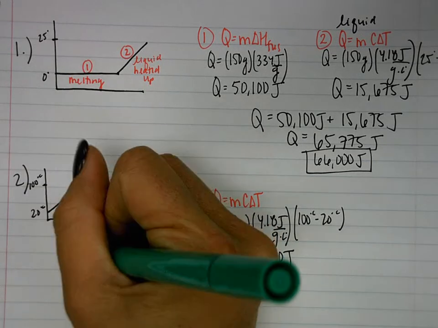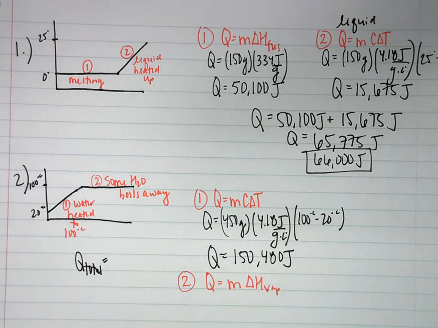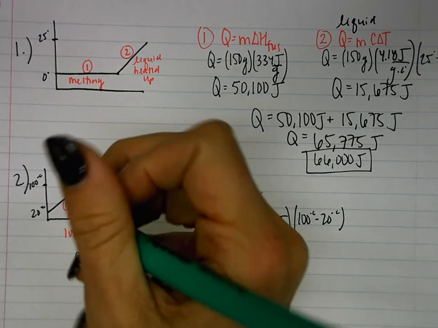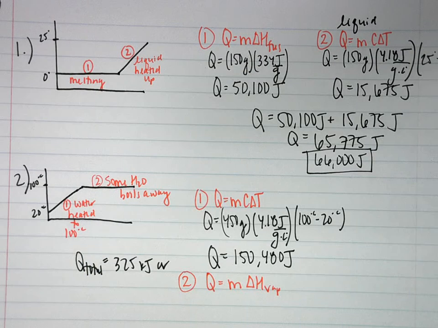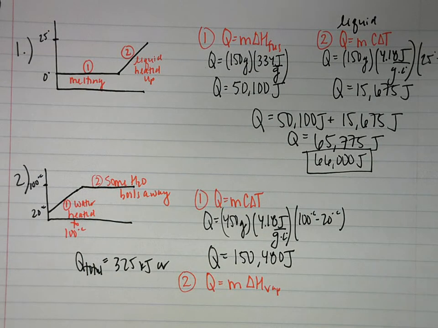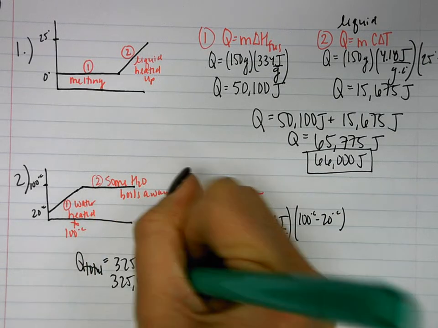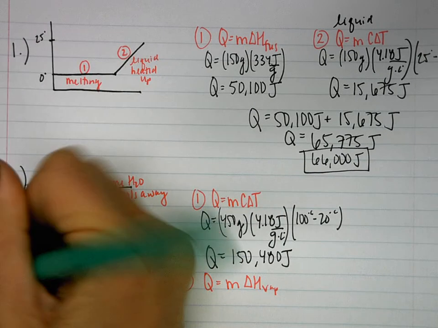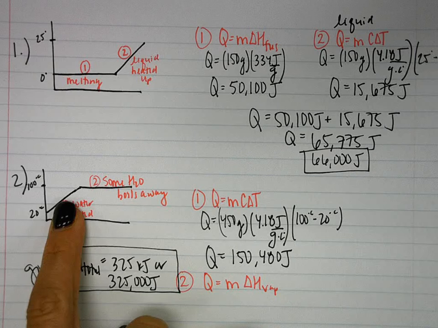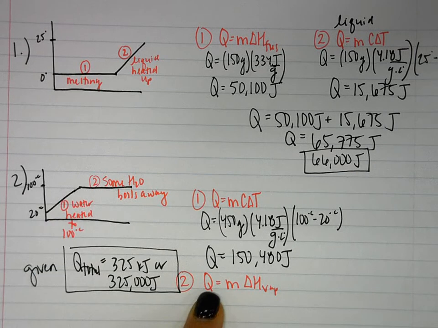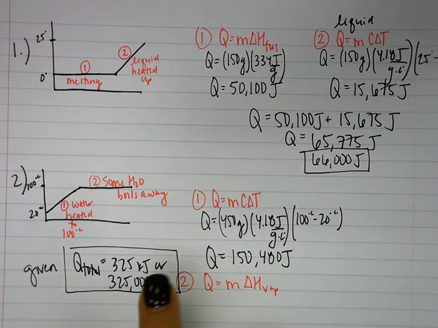Our Q total equals 325 kilojoules, or 325,000 joules. This was given in the problem. That's our total, and we can figure out the amount of energy that was used here.